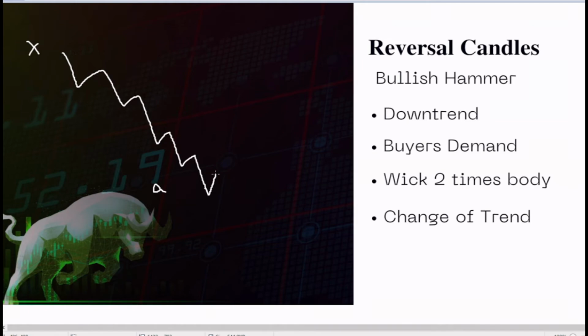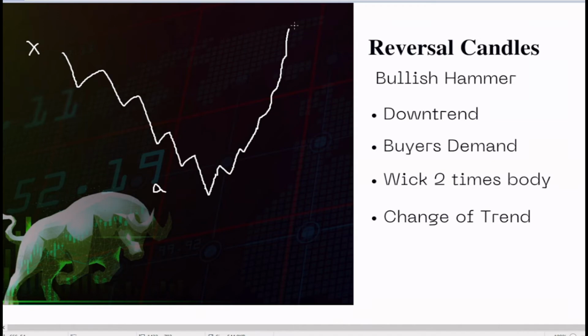Now what happens when people accumulate? The price starts moving in the opposite direction, right? Because people are ready to pay a higher value for the product. Now as you go through the day, the price tends to come and stop here, or probably a little higher than the opening price, right?